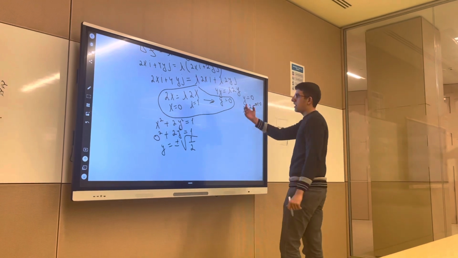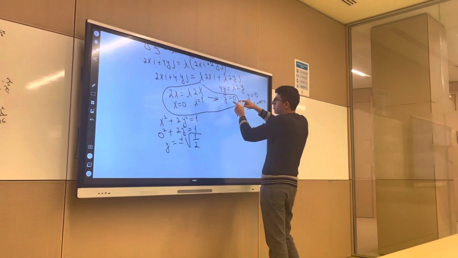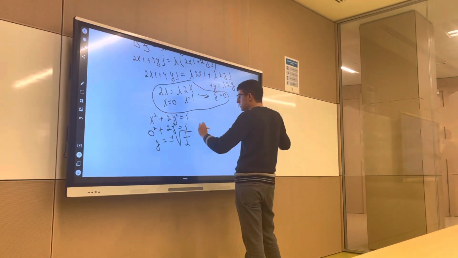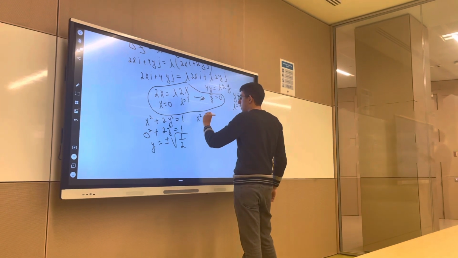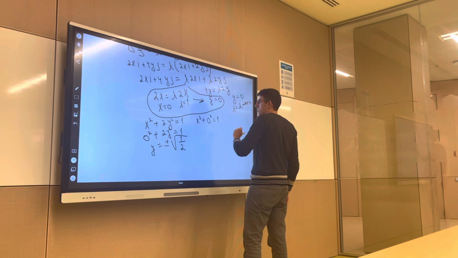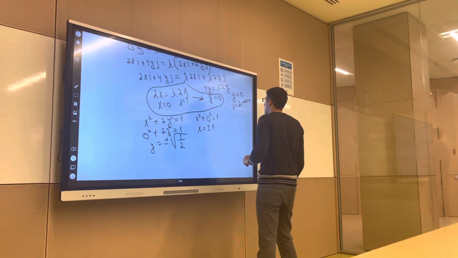And since lambda equals 1 means that y equals 0, we get x squared plus 0 squared equals 1, so x equals plus minus 1.